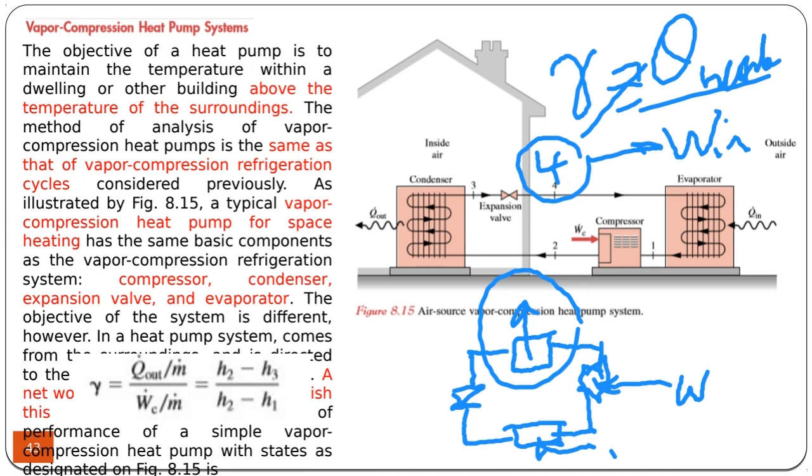Normally, with resistance heating, you would get 1 kilowatt heating from 1 kilowatt of electrical resistance. But for the heat pump, you input 1 kilowatt of compressor power, but you get 4 kilowatt of heating. This is why they are so energy efficient.